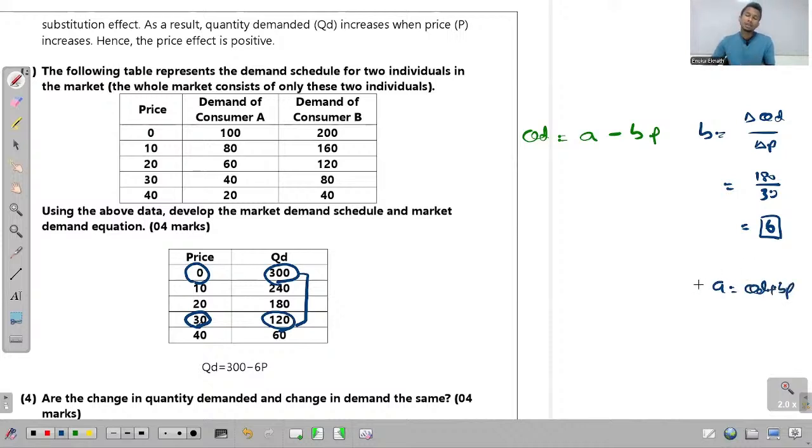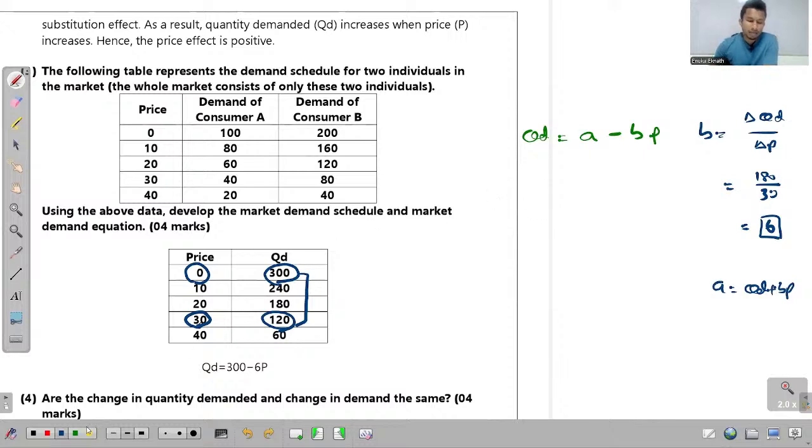But my question is, do we need to really apply this equation to find A? No. You don't need to apply this equation to find A. The reason, if you have understood the meaning of A, you will understand why there's no such requirement to apply this equation to find A. So what's A?